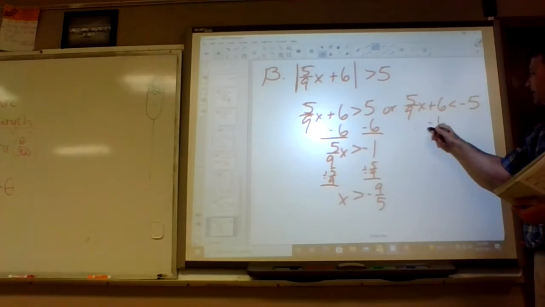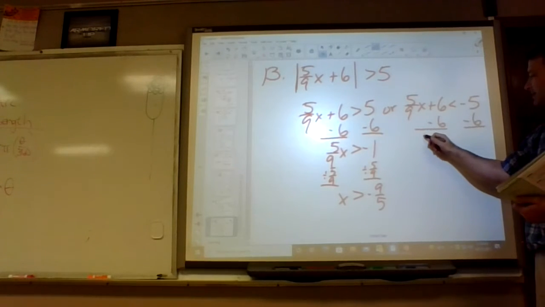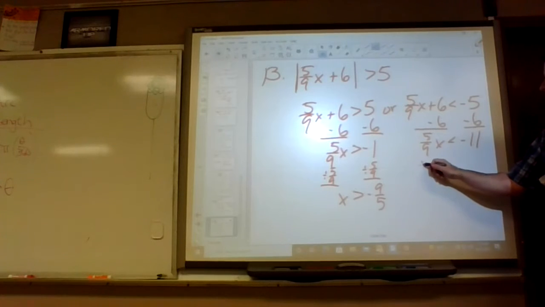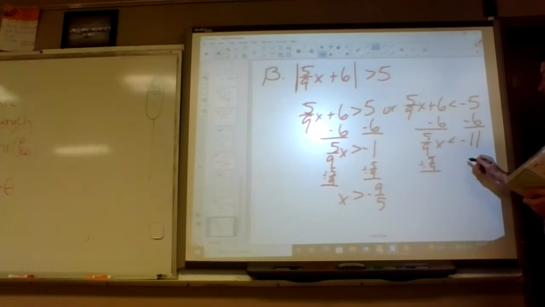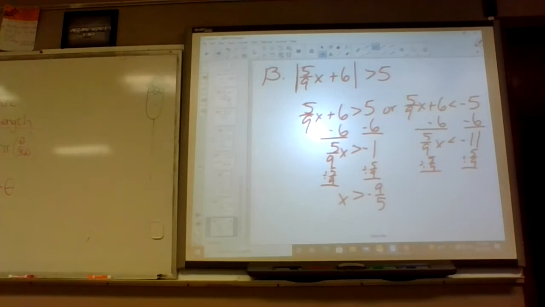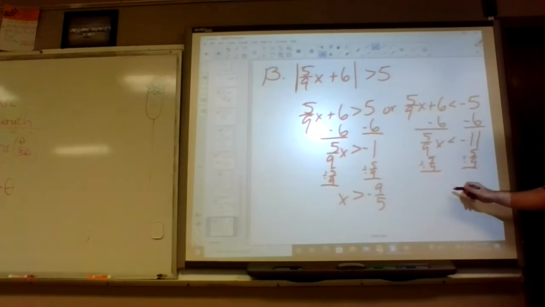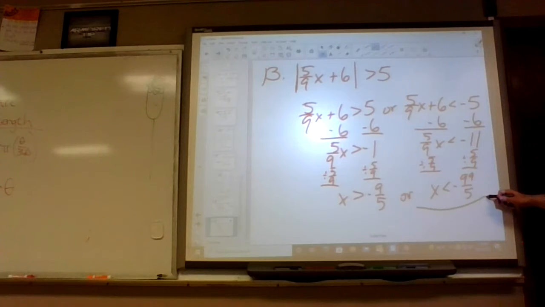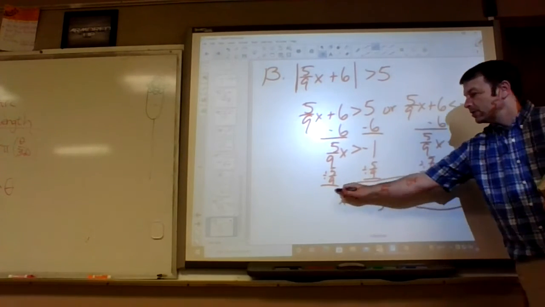Okay, negative 5 minus 6, negative 11, divided by 5/9, which is like times 9/5, is negative 99/5. That would be like negative 19 and 4/5.